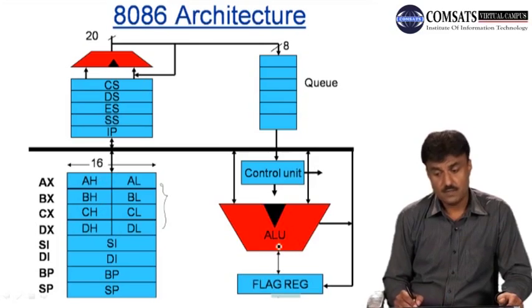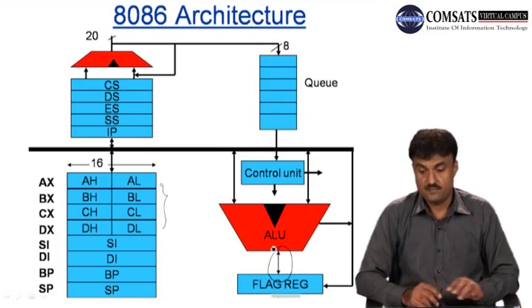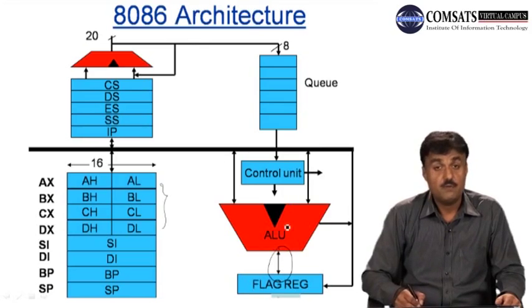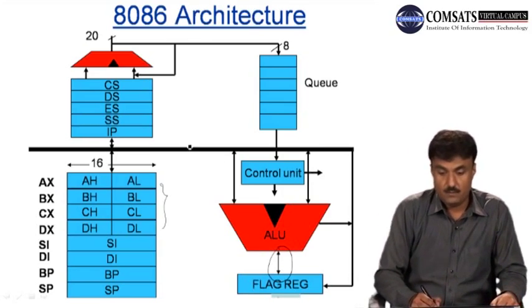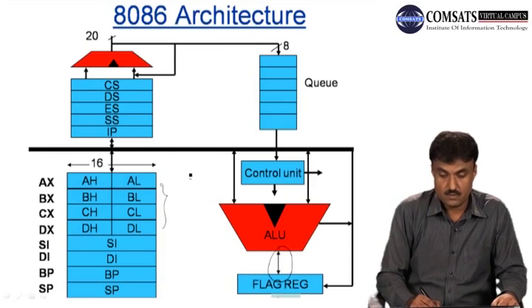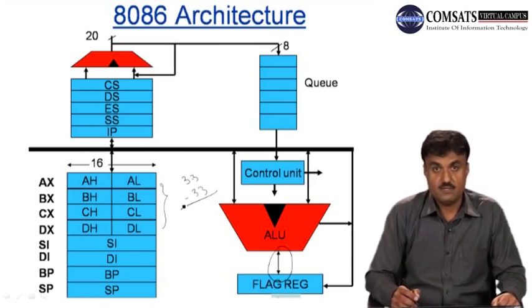Also you can see one more important thing here. There is also the flag register. For any operation that we perform, for example, if we are going to perform subtraction or addition, say 33 minus 33, what will be the result?